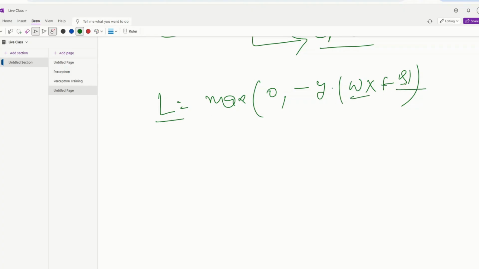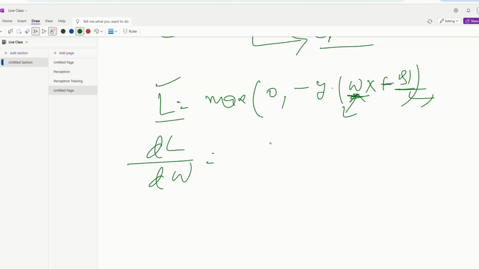Everything else is known. So I need to find dL/dw and dL/db so that my loss becomes minimum. I need to find how L changes if I change w, and how it changes if I change b. So I need to find the derivative of L with respect to w.